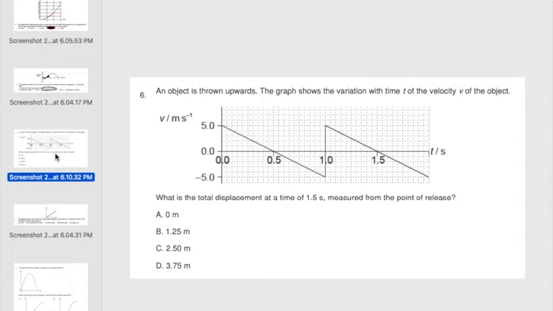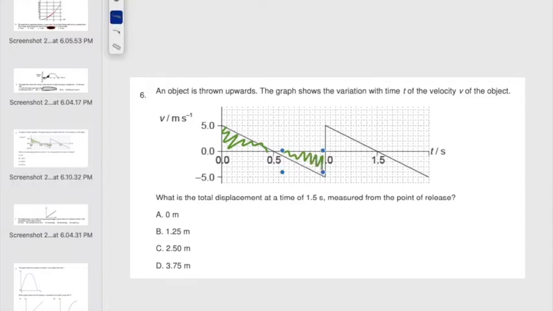Next question here, old IB question. We have a VT graph, and the question is, what is the total displacement after 1.5 seconds? And so displacement off of a VT graph is area, and we're looking therefore at the region of space indicated there. And so it moves forward for a while. It starts out fast and ends up at a stop, and then starts to move backwards. And there's the first full second.